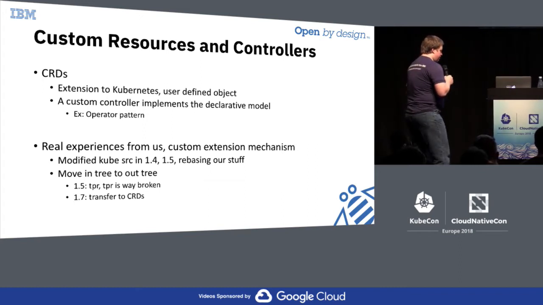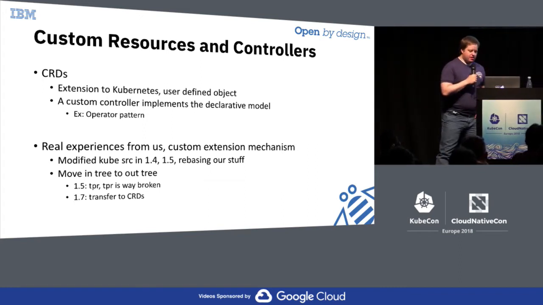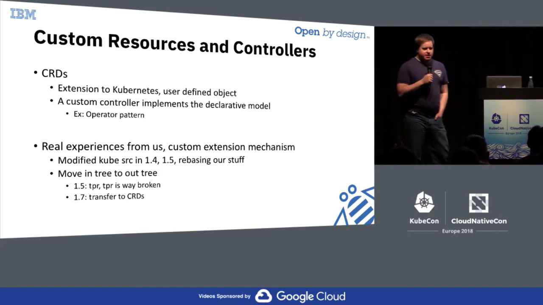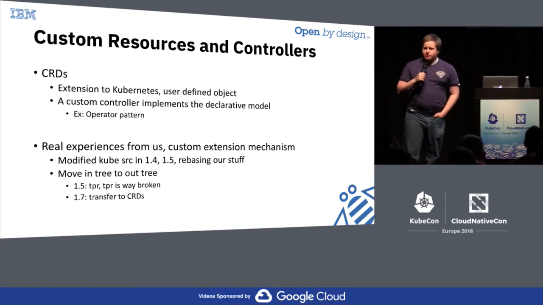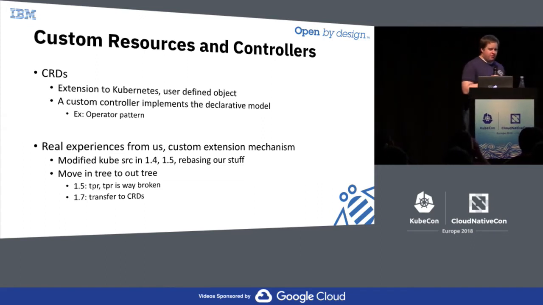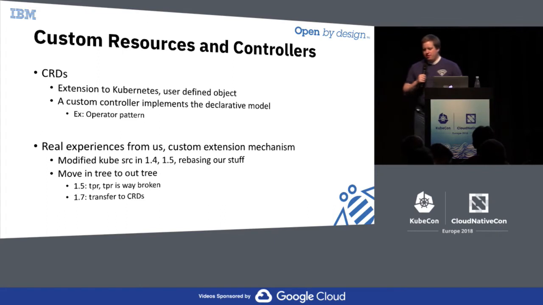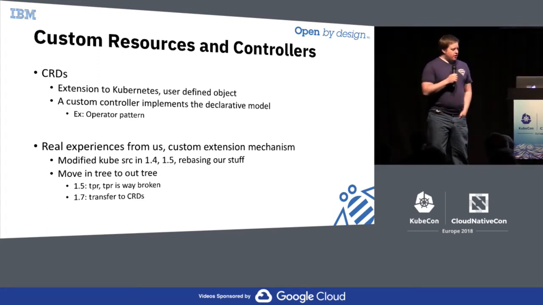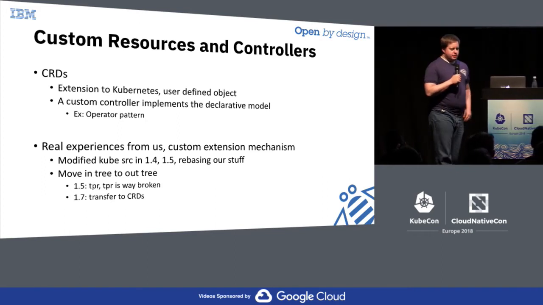It had lots of things that were broken from the beginning, and some of them got fixed. Basically, CRDs are third-party resources version 2. Around 1.7, when CRDs became a more official and likely to be supported thing, they switched from TPRs to CRDs.